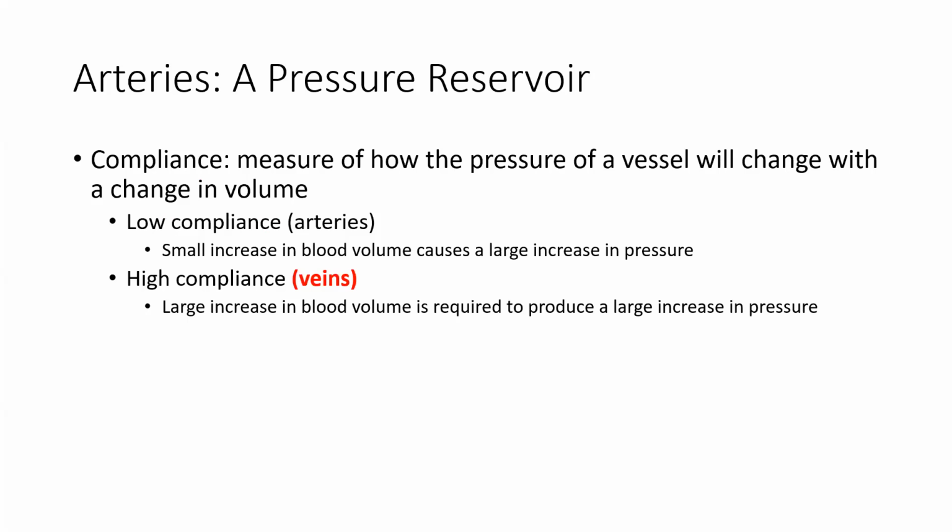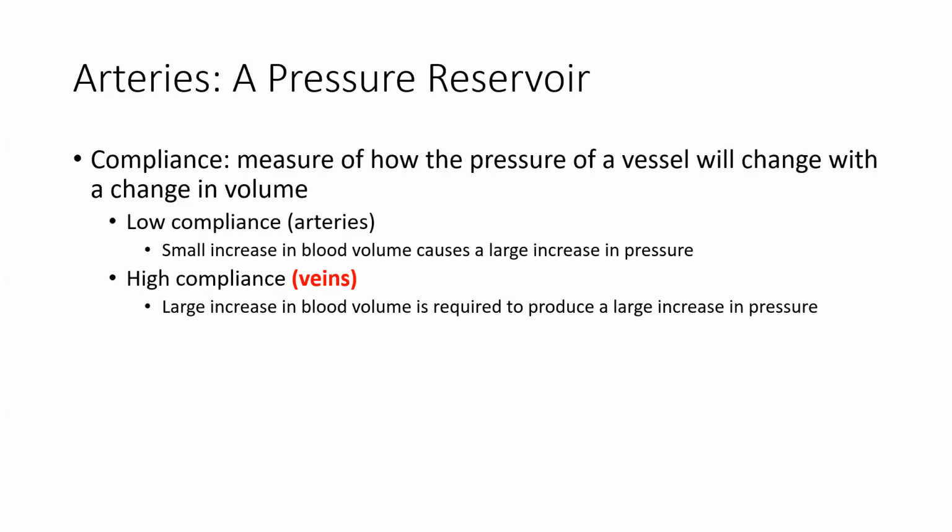And just to expound on that a little bit more, if I put a little bit of blood into my aorta, it's going to generate a lot of pressure because of that elasticity of the wall of the aorta. Whereas my veins are going to be low in elasticity, but really high in compliance. Therefore, if I stretch my veins, they're not going to be eager to get back to the original shape.